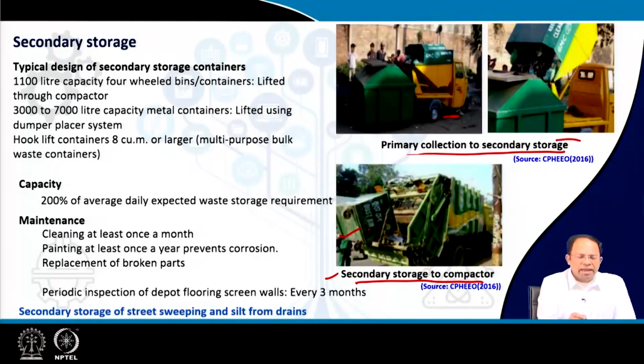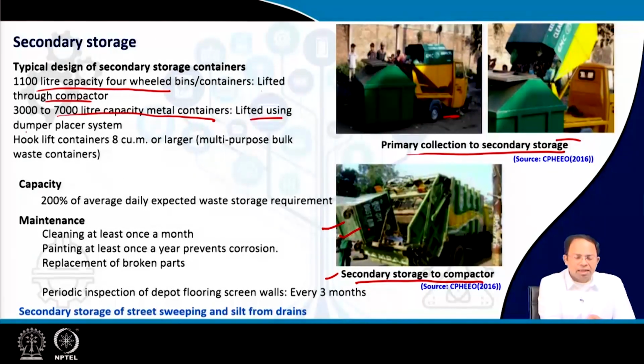So a typical design is around 1100 liter capacity for 4-wheeled bins or containers. They are lifted using compactor units like over here, or there are 3000 to 7000 liter capacity metal containers. So these are much larger in size.